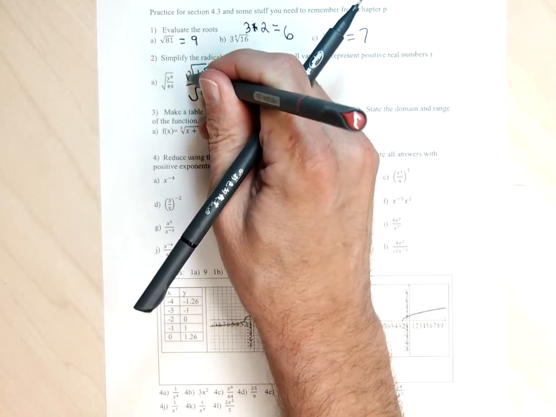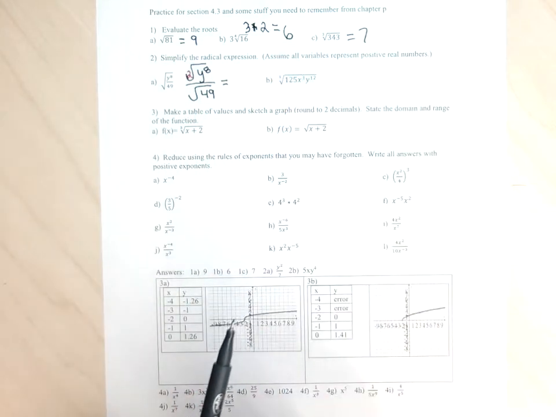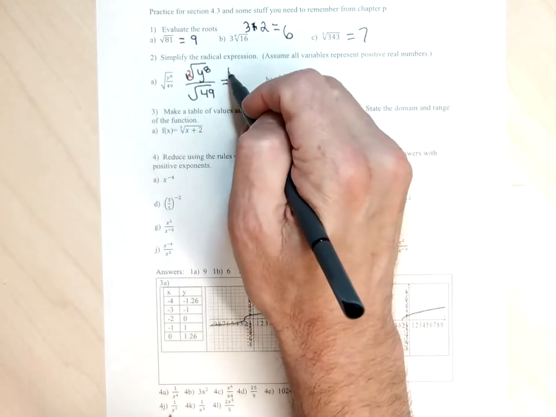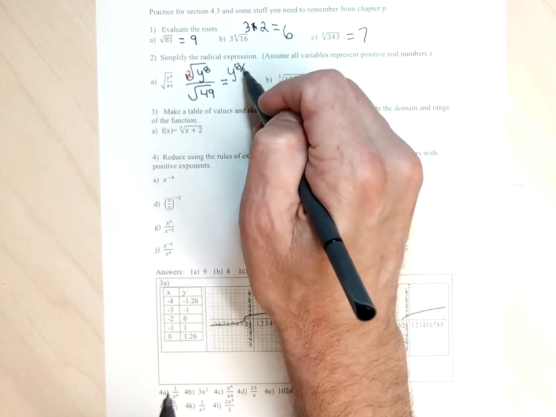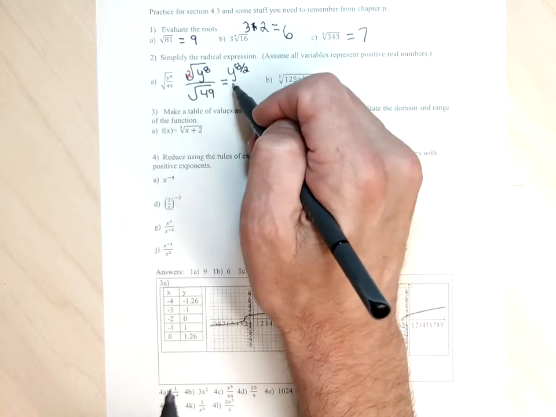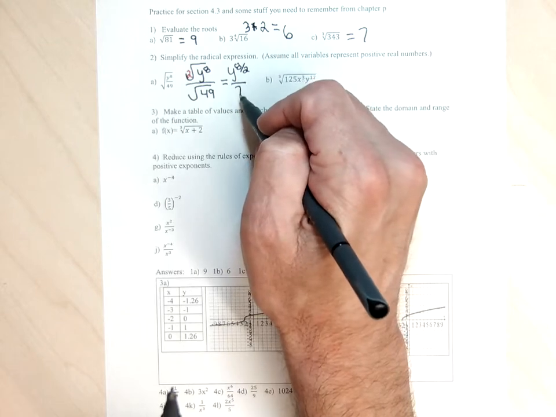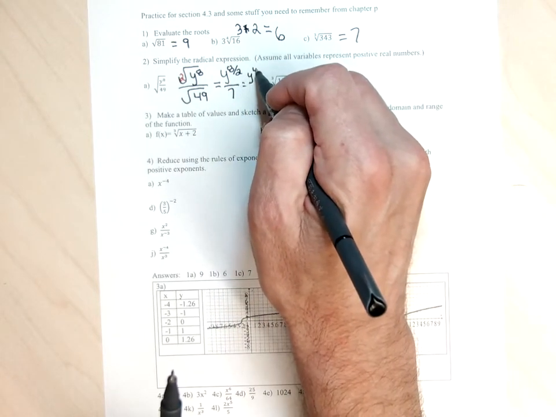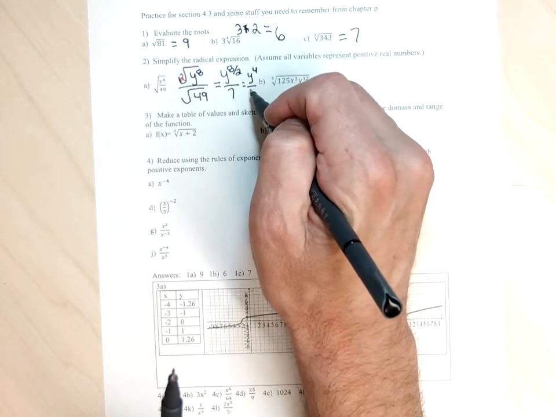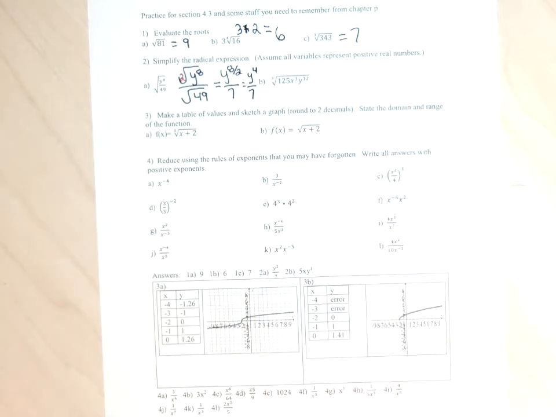Remember, in a square root problem, there's an implied index of 2. So I take the exponent of 8 and divide it by the implied index of 2. For an answer, I get y to the 4th in the numerator and the square root of 49, which is 7, in the denominator.